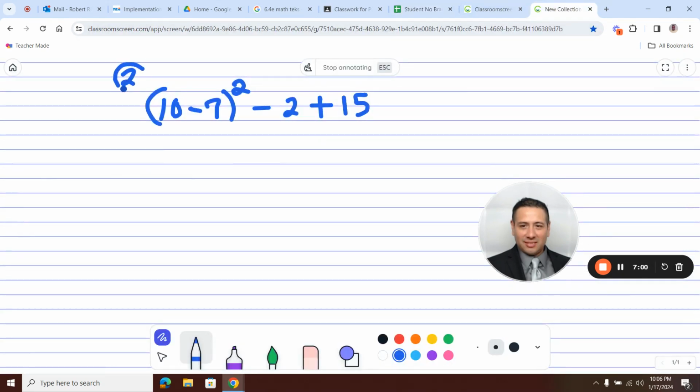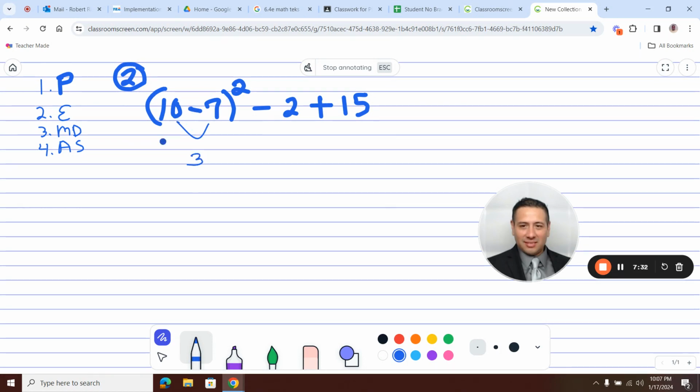Number 2. So I'm going to use PEMDAS. So parentheses goes first, so these two will get the carrot. 10 minus 7 will be 3.